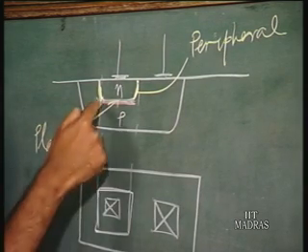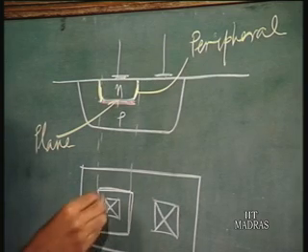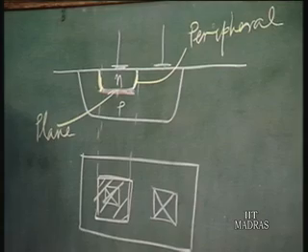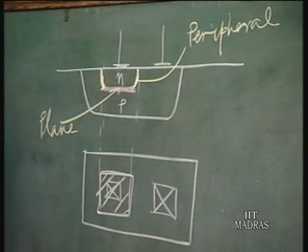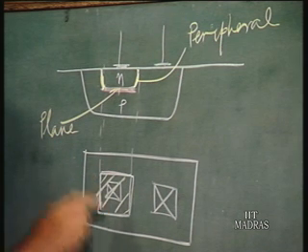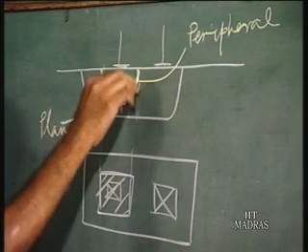Now the area of the plane region is the area of the mask, this is the emitter area. And what is the area of the peripheral region? That is going to be the perimeter of this region times the junction depth. So this is the area of these sides.